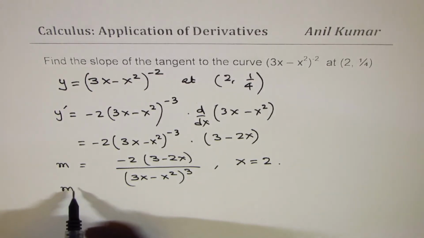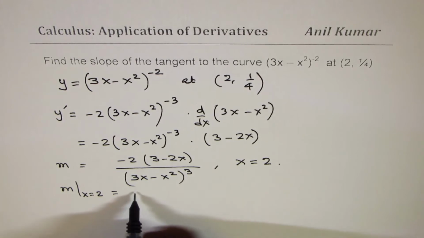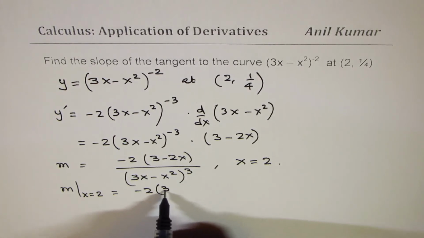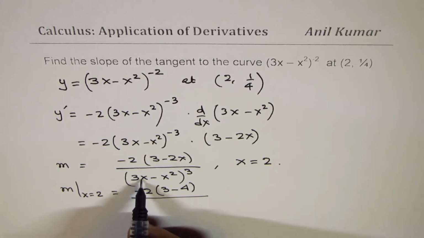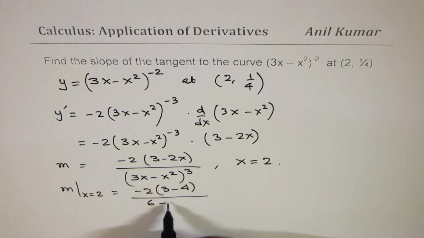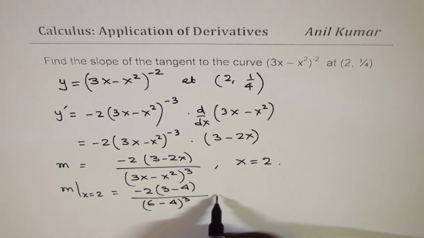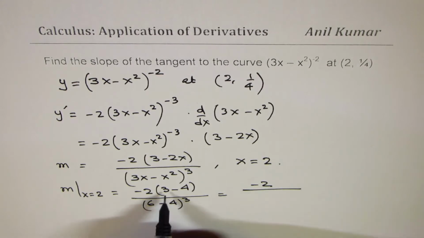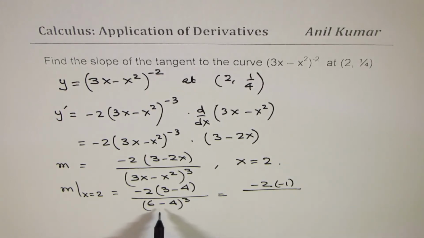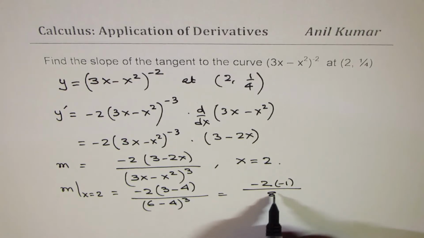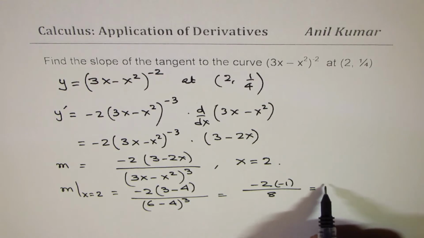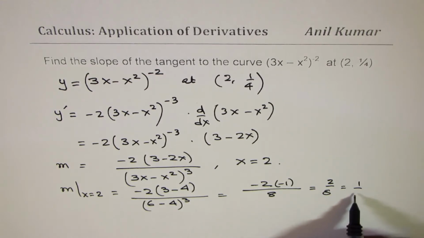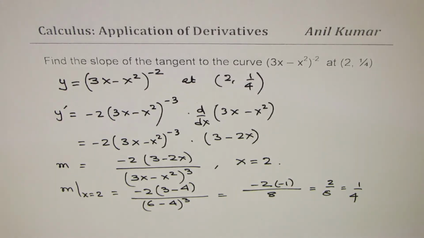So we get slope m at x equals 2 equals minus 2 times (3 minus 2 times 2, which is minus 1) over (3 times 2 is 6, minus 2 squared is 4) whole cube, right? So that gives you minus 2 times minus 1 over 2 cubed, which is 8. So minus minus is positive. So we get 2 over 8 or 1/4. So that becomes the slope of the tangent line for the given function.